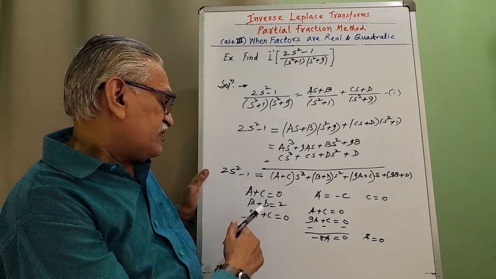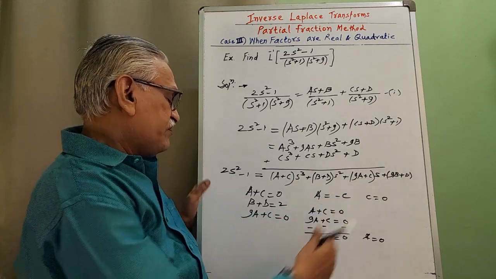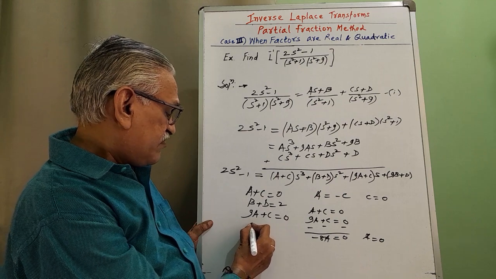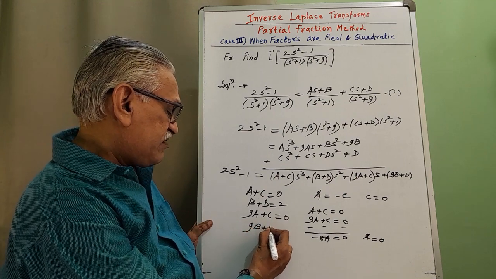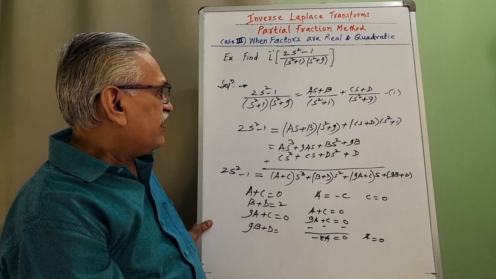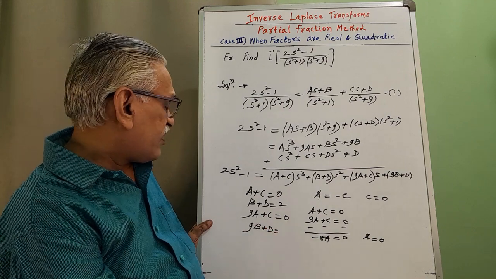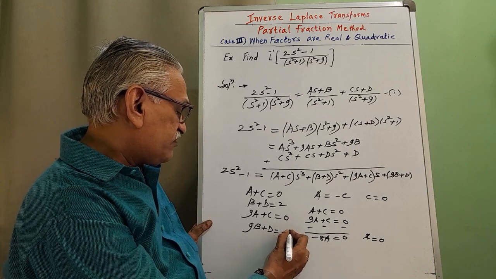Then the last constant term, 9B + D, is equal to −1.